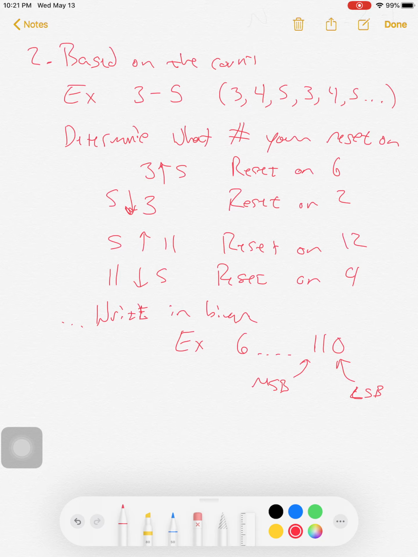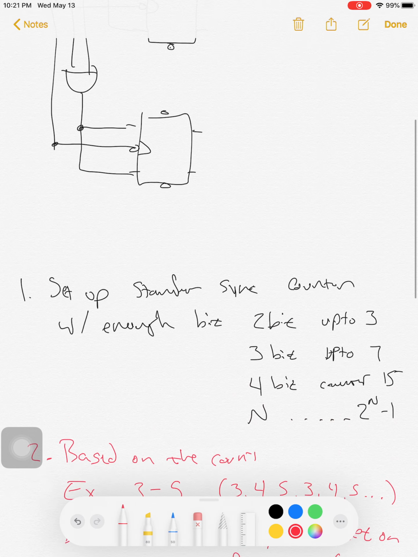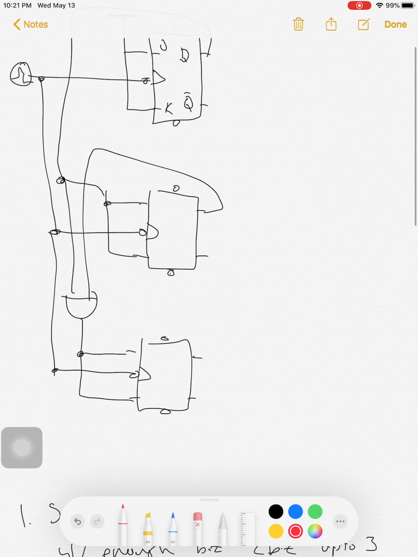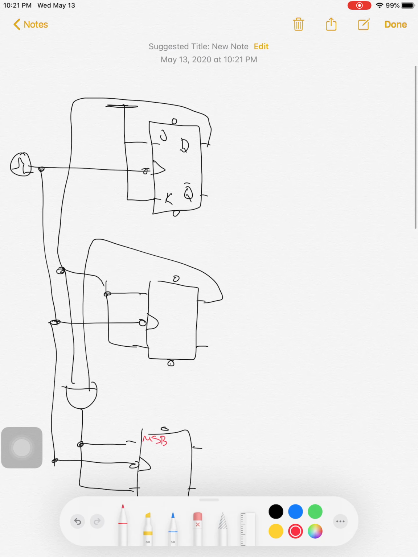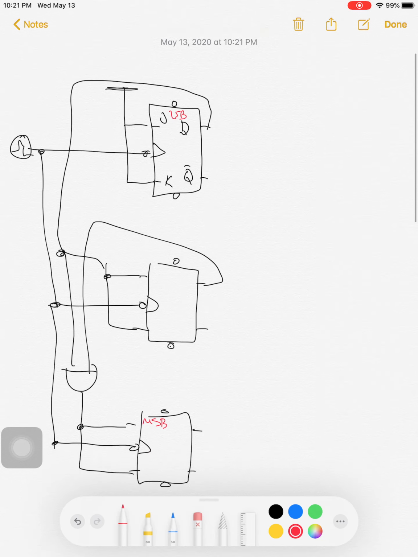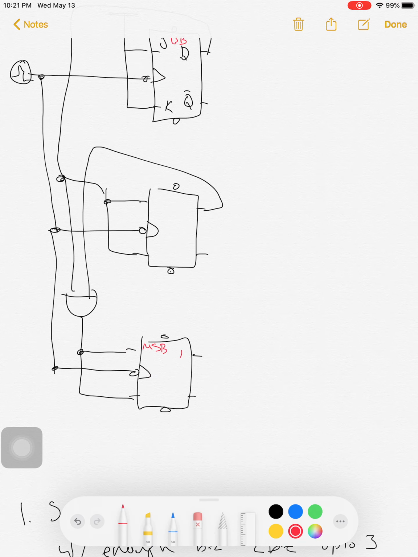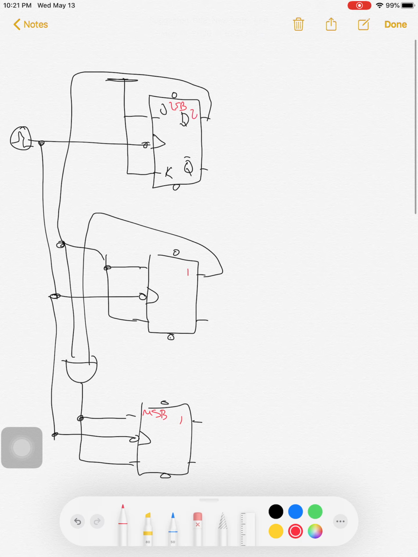So what we're going to do is tie in to the Qs and Q naughts to get that binary number. So I want 110. Down here, this is my most significant bit. This is my least significant bit. So I want this to be 1, this to be 1, and this to be 0.